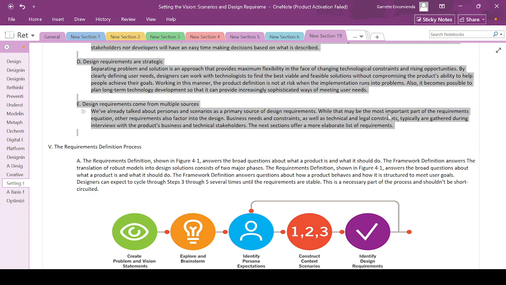So when your developer runs into problems, they can still rely on these unchanging requirements of the customer.